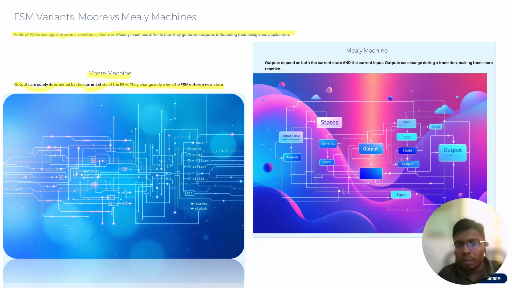The Mealy machine: output depends on both the current state and the current input. Output can change during a transition, making them more reactive.